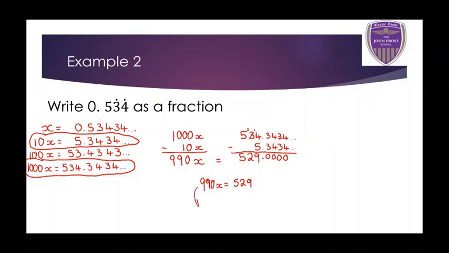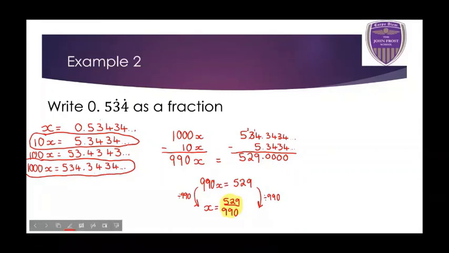To solve this equation, I need to divide both sides by 990, which leaves me with x is equal to 529 over 990. Okay, and that means 0.534 recurring, written as a fraction, is 529 over 990.